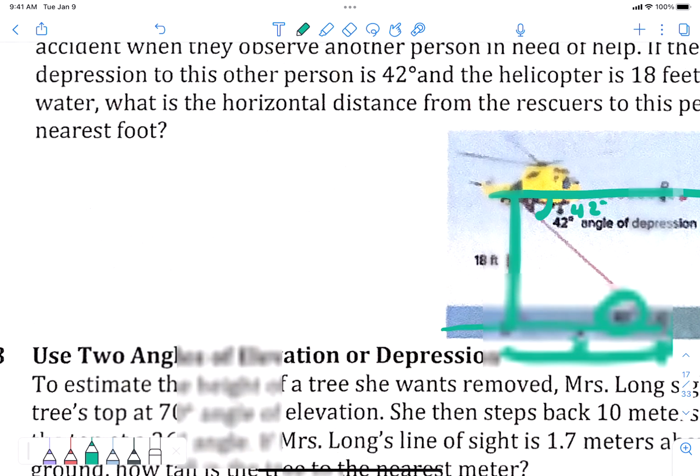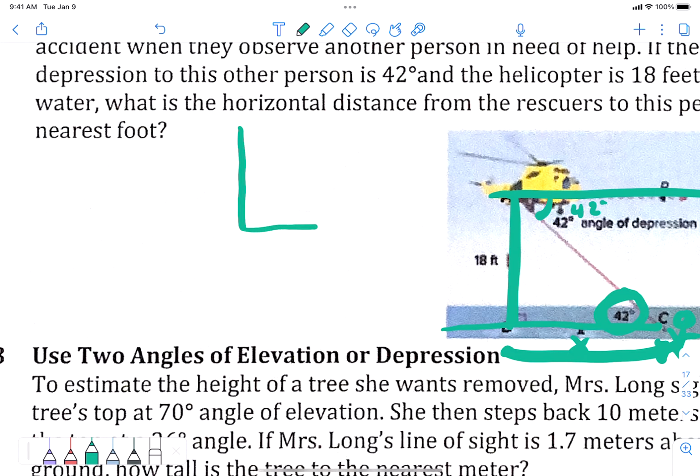So, I'm going to draw this over here a little bit nicer without all the mess. We have a 42 degree angle here, 90 here. This is 18, this is x, and that's what we're solving for. And then we just use SOHCAHTOA. Okay, so in relationship to the 42, opposite is 18, and what's x?